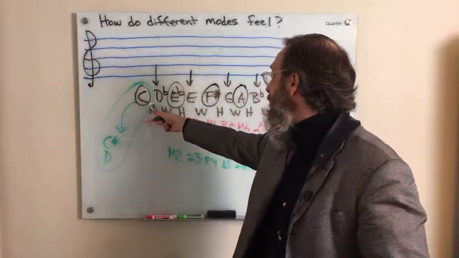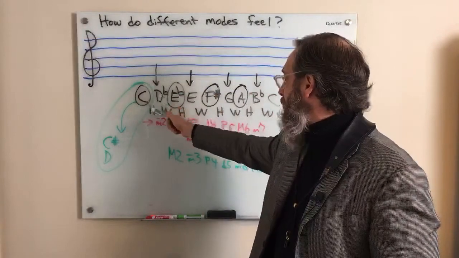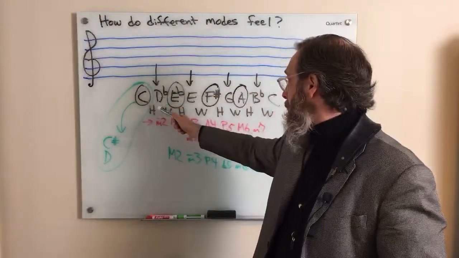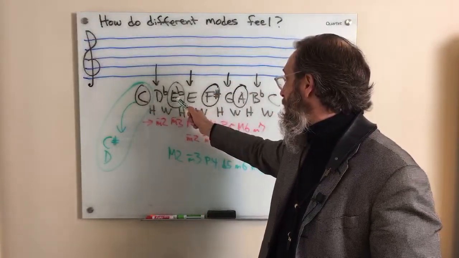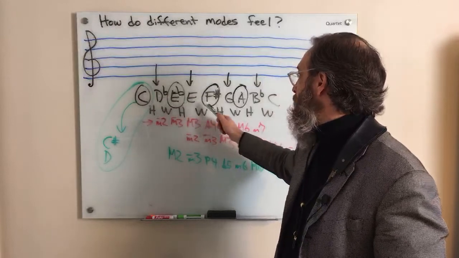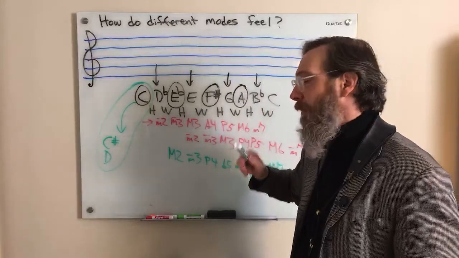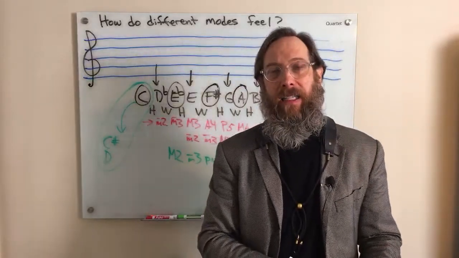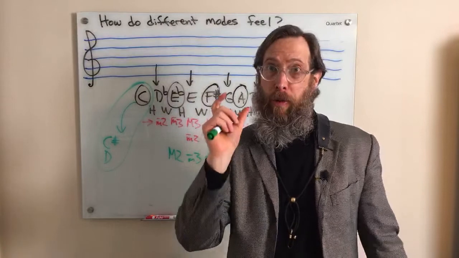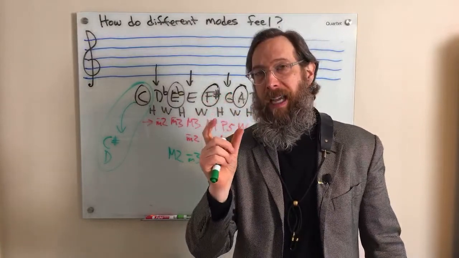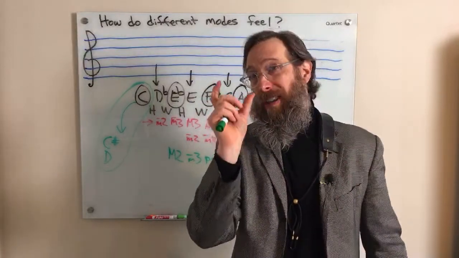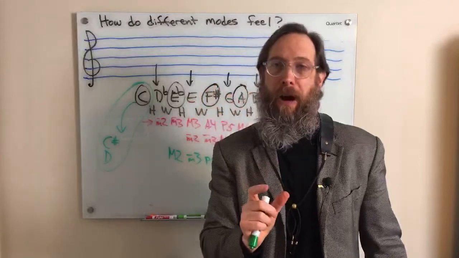So a C octatonic scale starting with a half step is the same as an E flat starting with a half step, same as an F sharp starting with a half step, same as an A starting with a half step. So when we talk about octatonic scales, very often you differentiate them by saying whether the scale starts with a whole step or a half step.